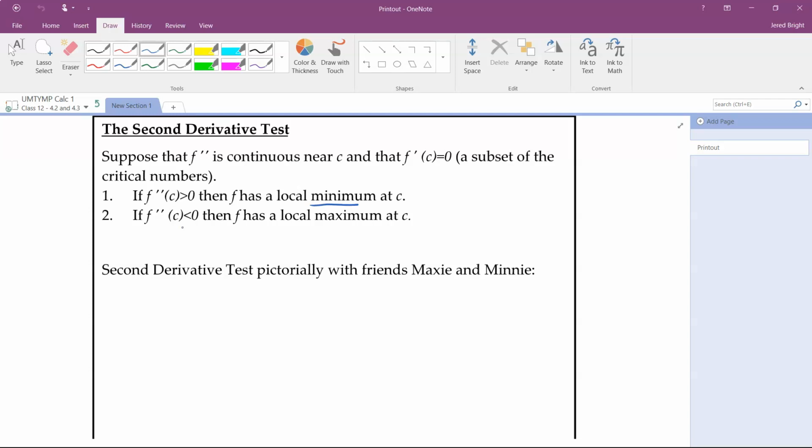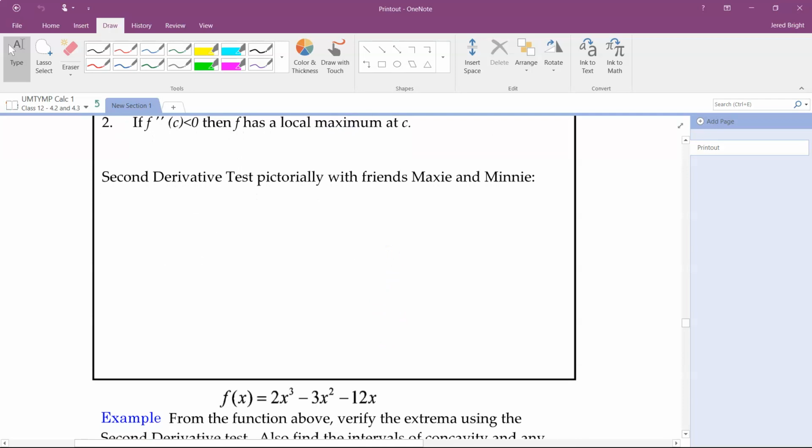And so I remember the second derivative test with my friends Maxi and Minnie. Okay. So here's how I remember this. There's Maxi and then there's Minnie. I'm going to set up f double prime, f prime, and f.